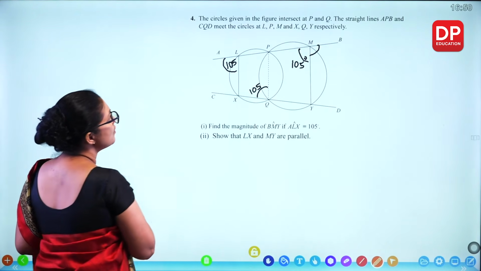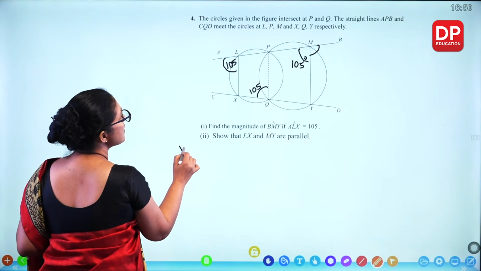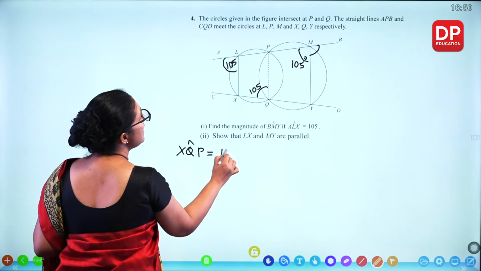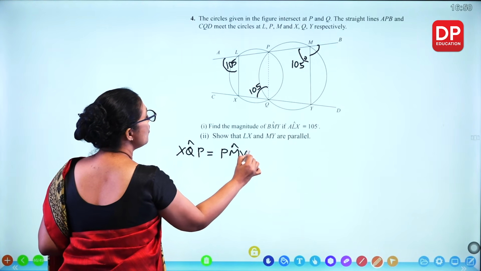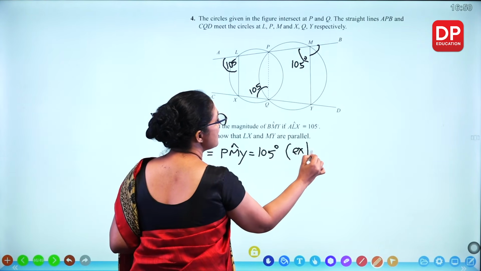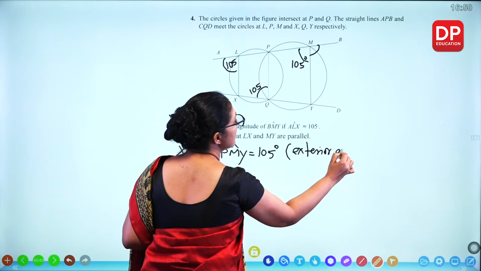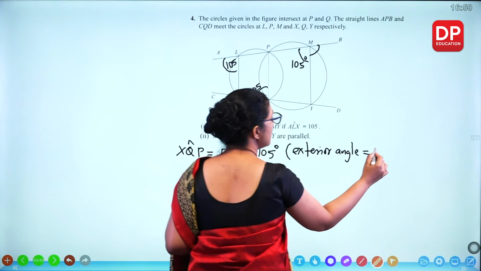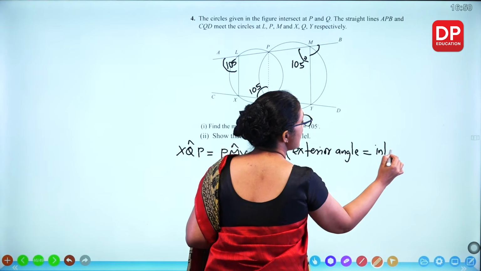So I'll write down XQP angle and PMY angle, both are 105 because exterior angle is the same as interior opposite angle.